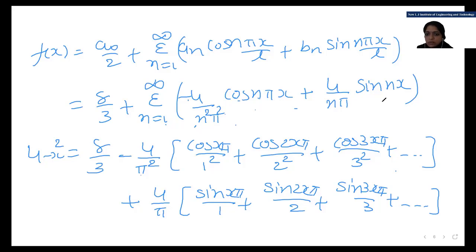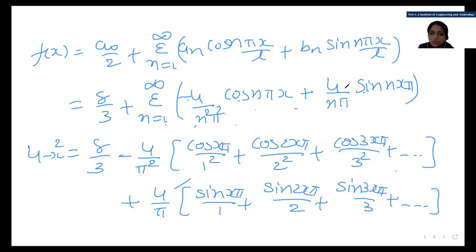And similarly for the second step, 4 upon pi common. After substituting n equal to 1, 2, 3 up to infinity in the second term, our first term is sine n pi x, right?